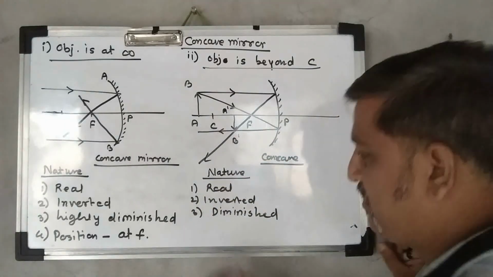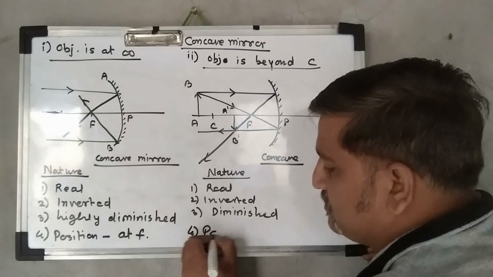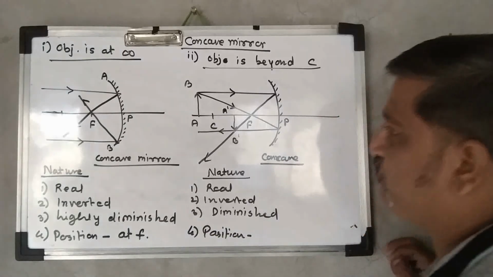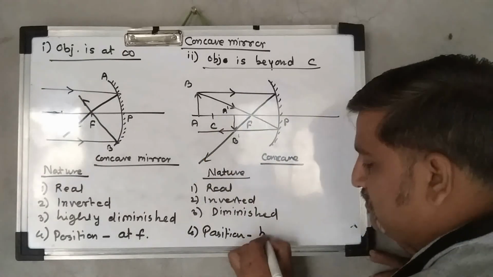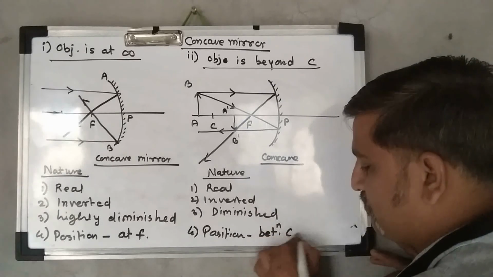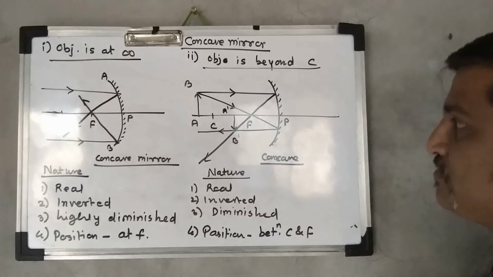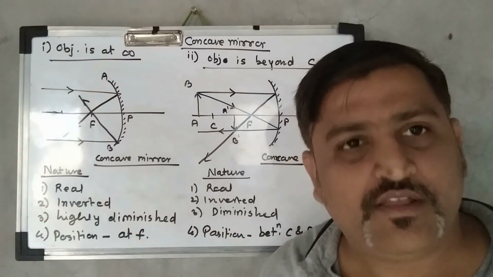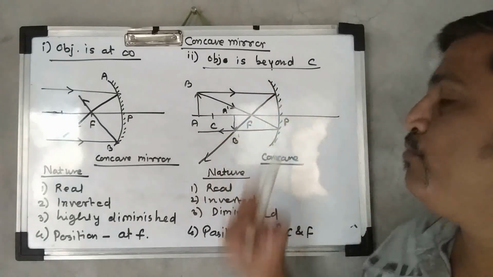And the last one is position. The position of this image is between the focus and the center of curvature. So these are the two cases about the concave mirror we have studied.